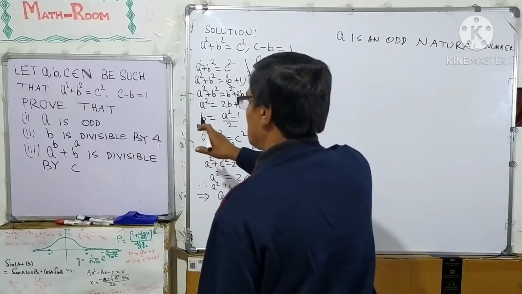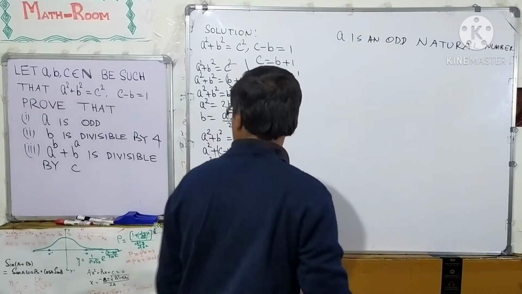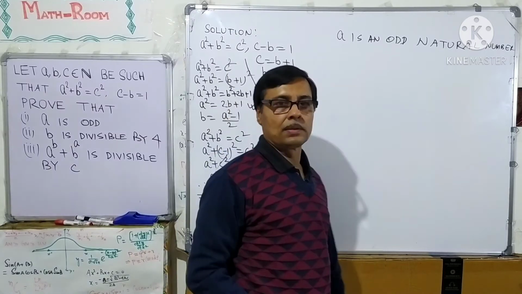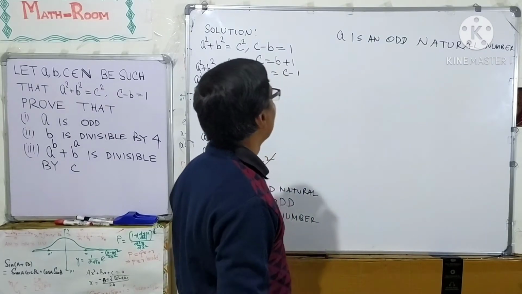Here already the first statement is proved. The first statement was a is odd, so we have already proved that a is an odd natural number.